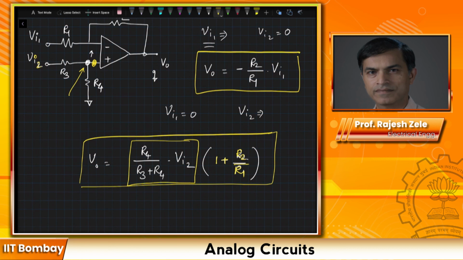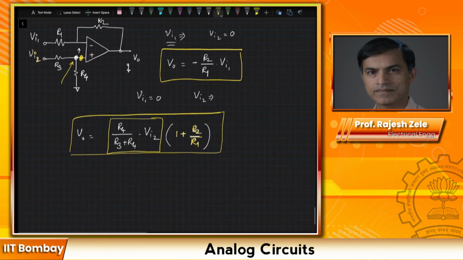To keep the same gain for Vi1 and Vi2, we can write another equation. Mind you, one of them is an inverting input and this is a non-inverting input, so the mod of the gain should be the same.